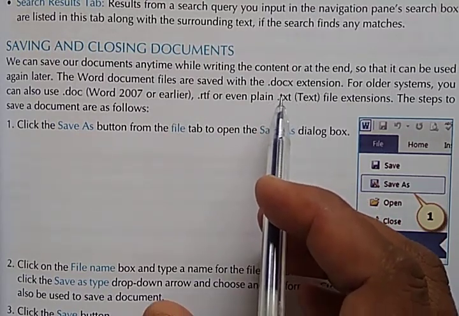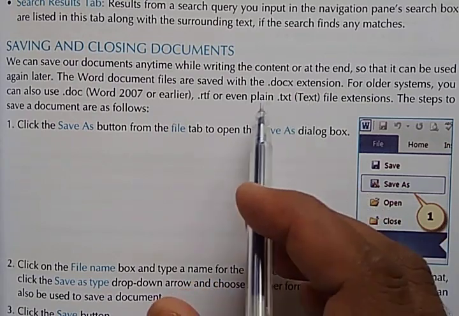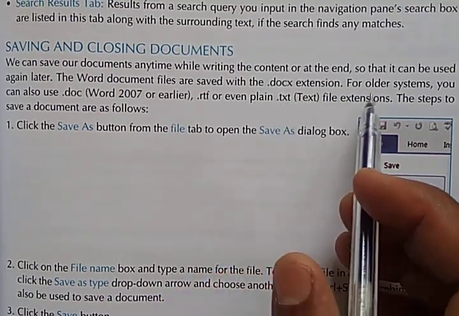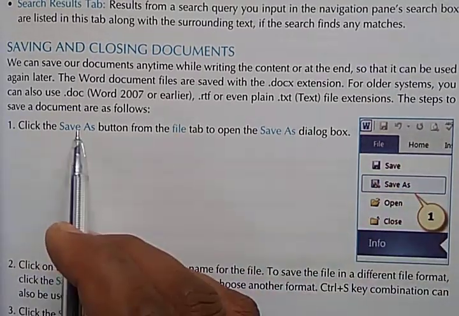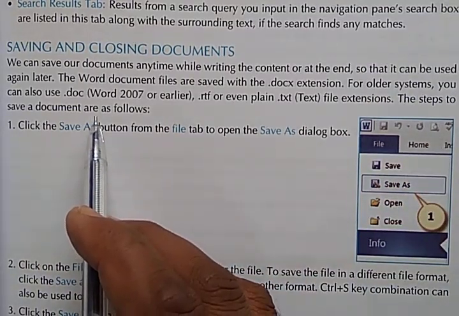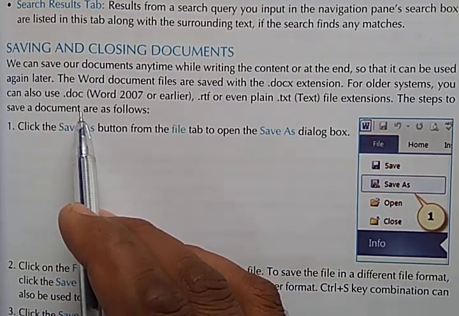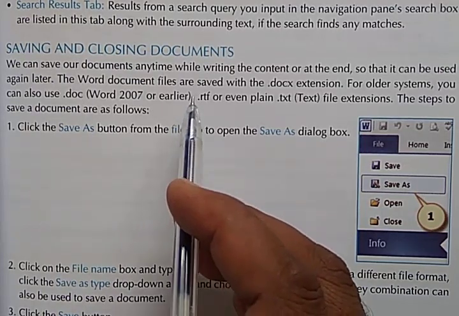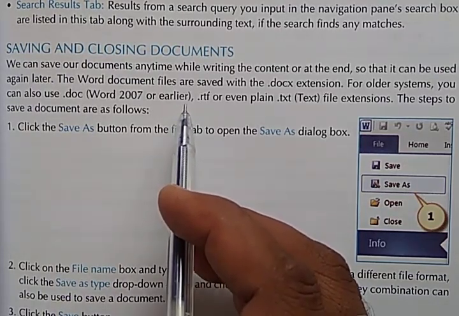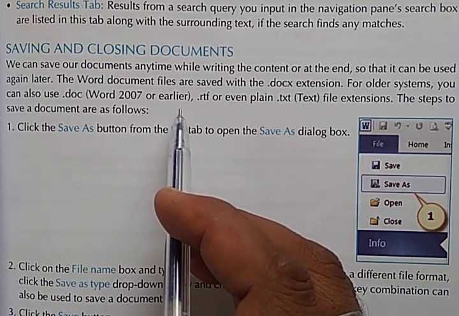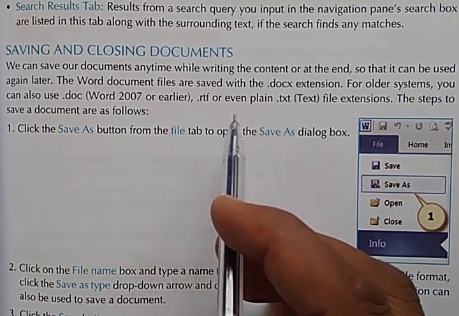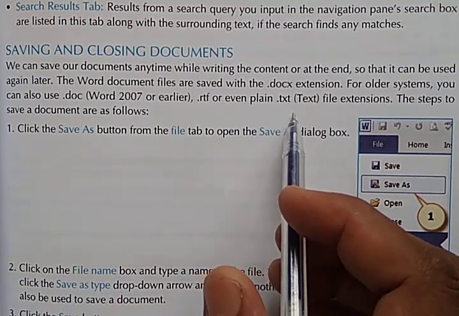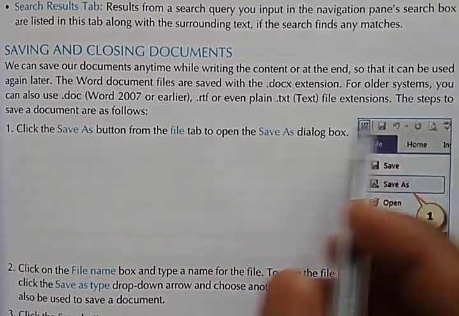Okay students, for older systems you can also use .doc, but in Word 2010 and newer versions the file extension name is .docx. Okay, remember it. There are also .rtf or even plain .txt text file extensions.